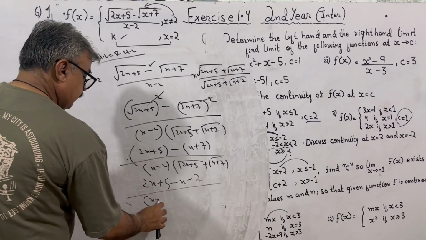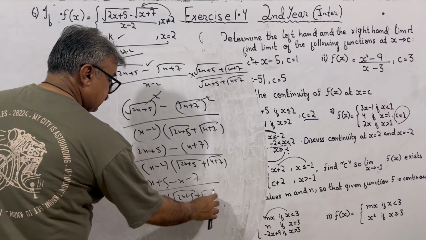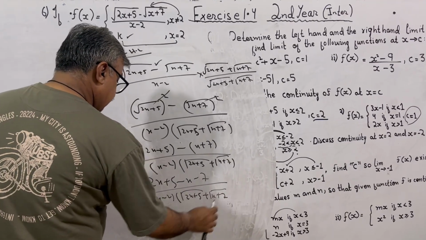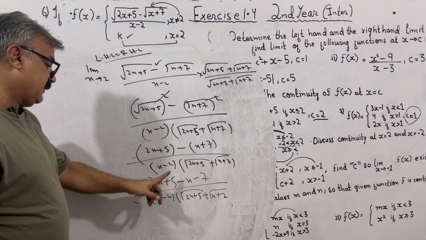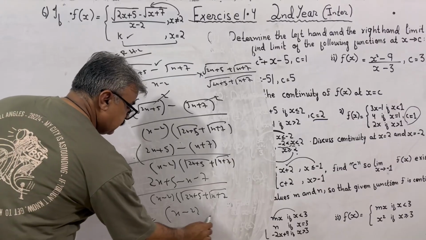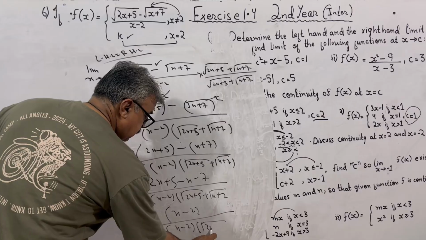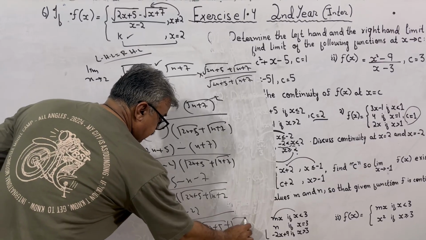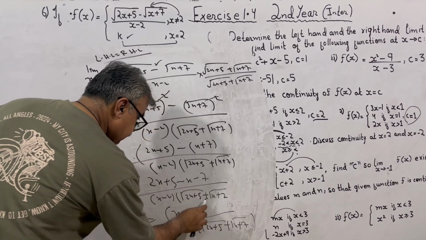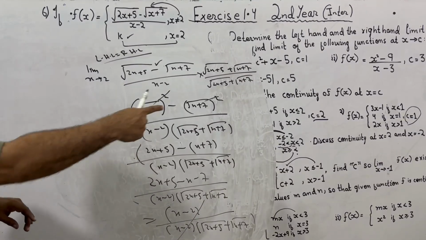Calculating 2x minus x is x, and 5 minus 7 is minus 2, so we get x minus 2 on top. The troublemaker x minus 2 cancels out throughout. Then we are in a position to put in the limit and get the answer.